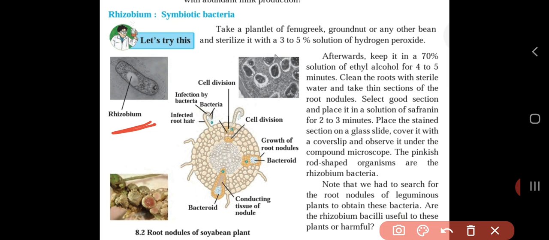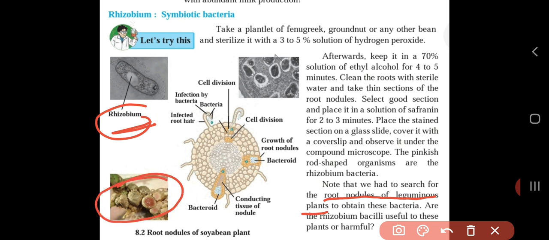And the important thing we have to note here is that we have to see the root nodules of leguminous plants. Now what are leguminous plants? Leguminous plants are those plants which give us legumes like dal, cereals and pulses, gram, chickpea, chana, which we call pulse plants, and the leguminous plants have rhizobium in their root nodules.